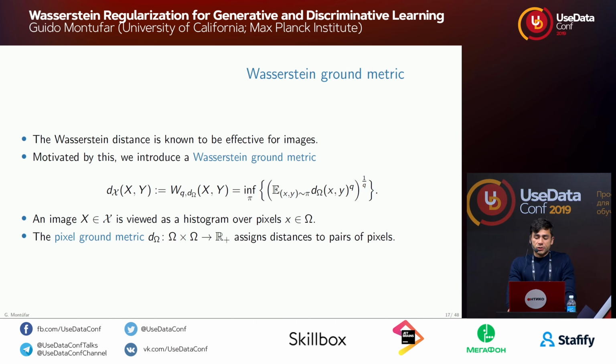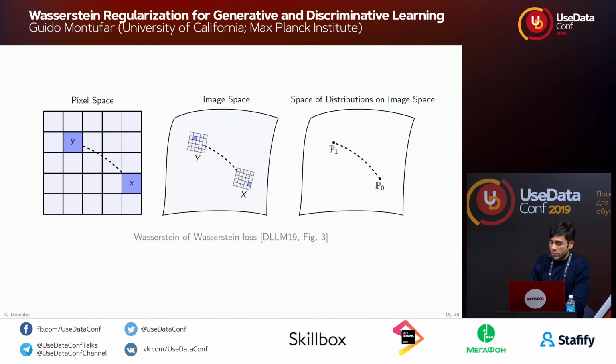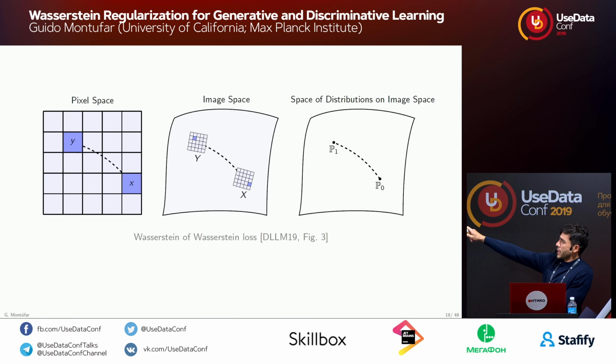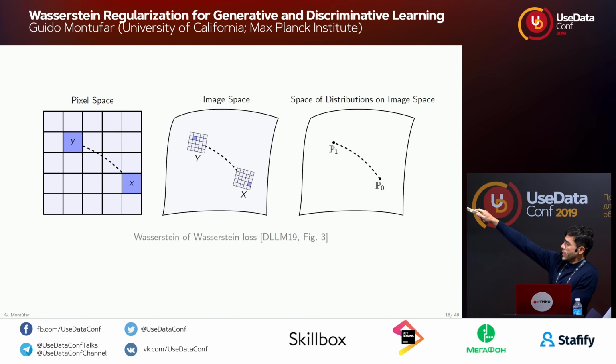That means we want to measure the distance between samples by another Wasserstein distance. So that gives us this kind of picture where we have on the right hand maybe the space of densities, and we want to estimate, say, P0 by some P1. So we want to measure the distance between these two.